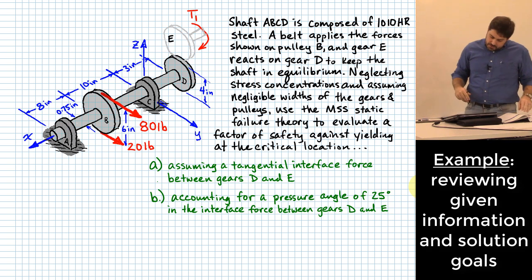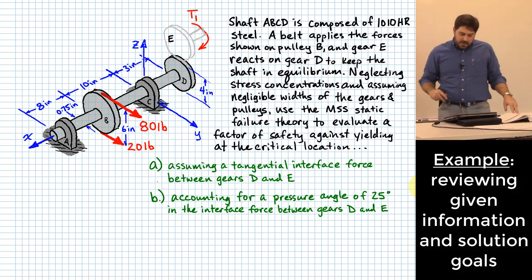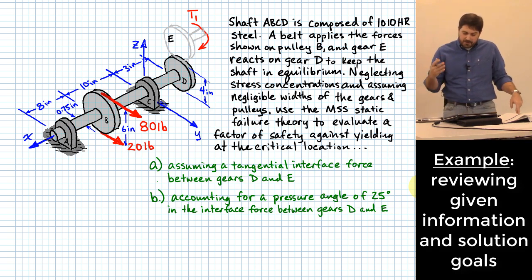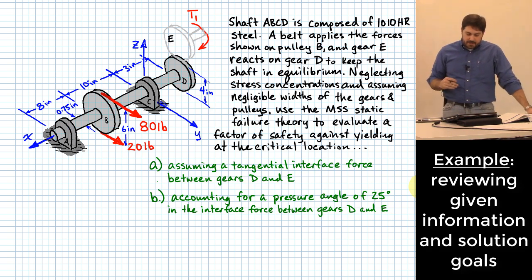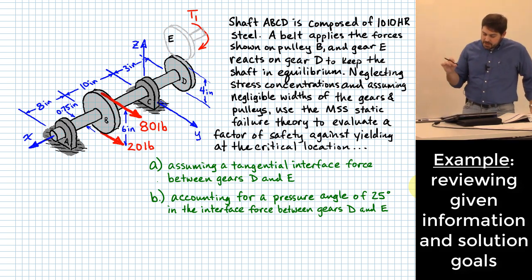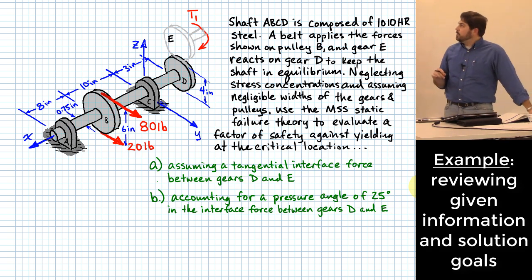Okay, neglecting stress concentrations and assuming negligible widths of the gears and pulleys, let's use maximum shear stress static failure theory to evaluate a factor of safety against yielding at the critical location of this shaft. For part A, let's do that where we assume tangential interface force between gears D and E.